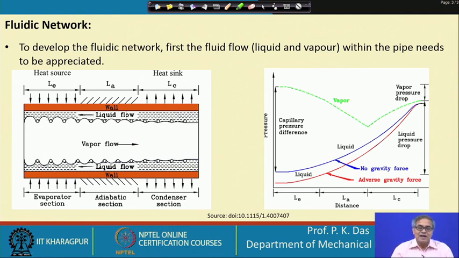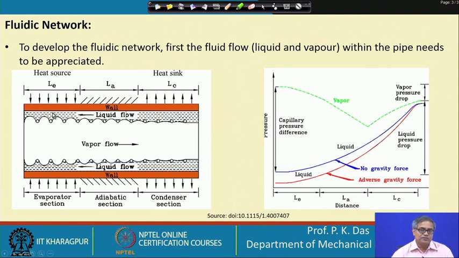Now, what is driving the flow? There is no pump, there is no fan, but there is a flow and circulatory flow, and not only that, two types of fluids are involved. One is a gas or a vapor and another is a liquid. So, you see this is a very intelligent kind of arrangement. Again I will repeat that here we can see the meniscus is formed, curved meniscus is formed.